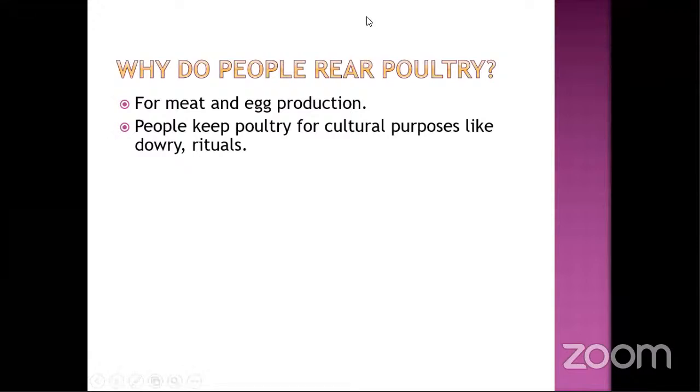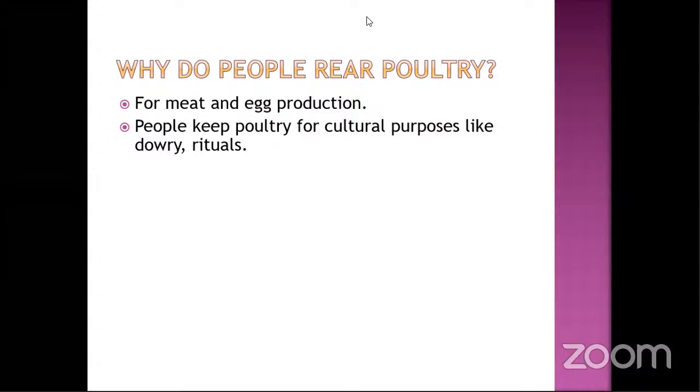And then the other one is the rituals. Rituals can be sacrifices. You want to sacrifice something? You take the poultry. Like some people who have ever gone to those bad places, the shrines.